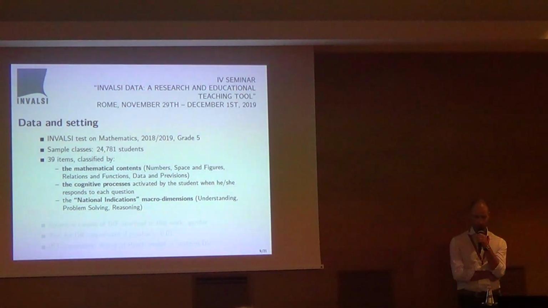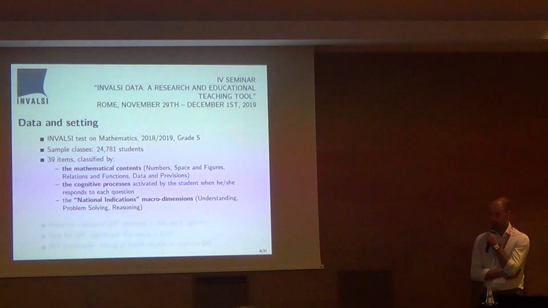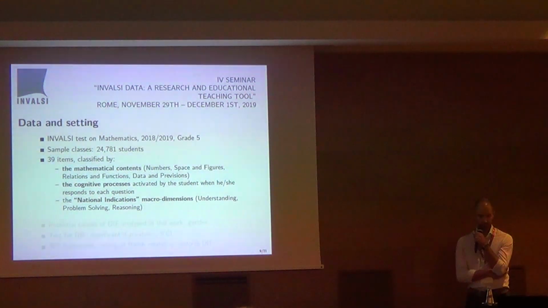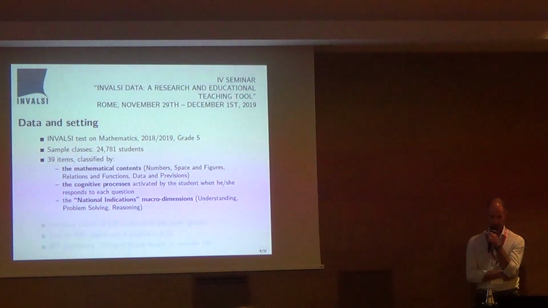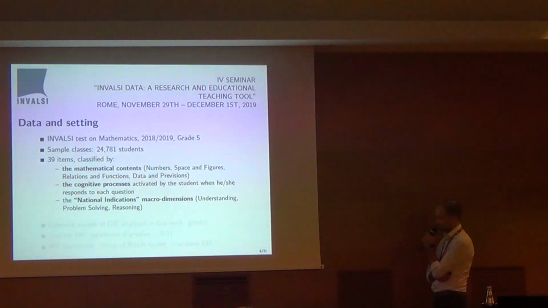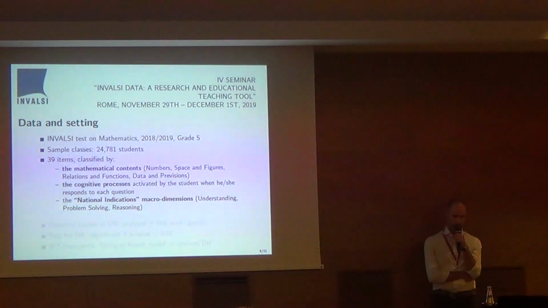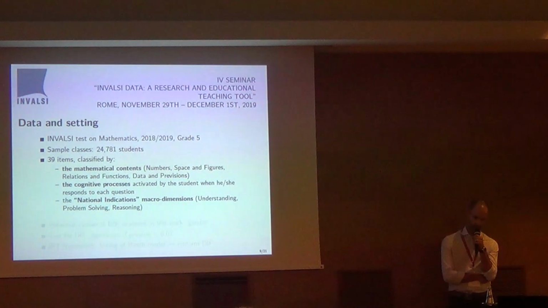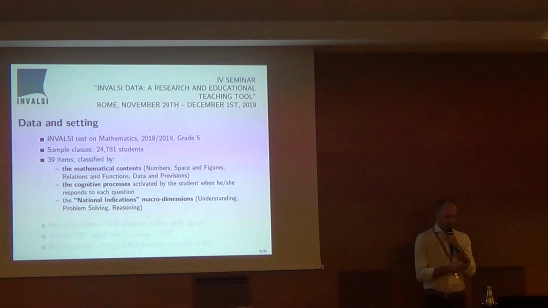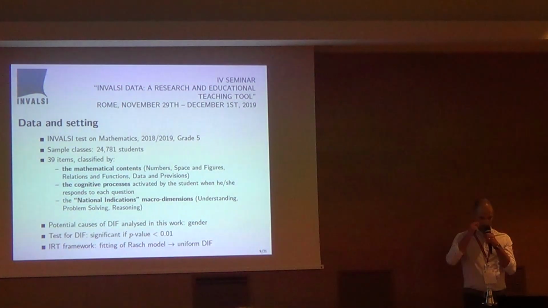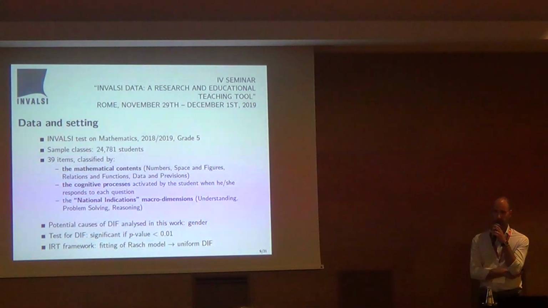Sample classes, so we have almost 25,000 students, and the test at issue has 39 items classified according to the usual schemes, let's say contents, cognitive processes, and the macro dimensions of the national indications. And this is the setting of our work. For the moment we consider gender as the potential cause of DIF.